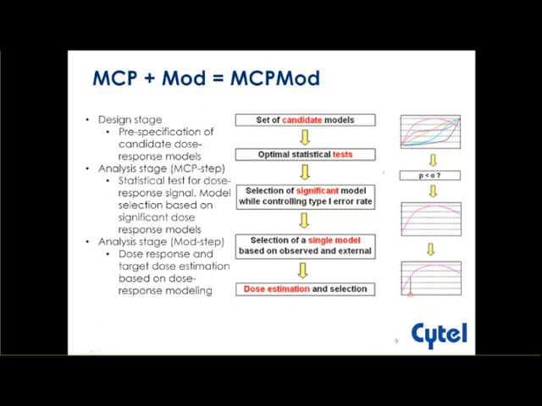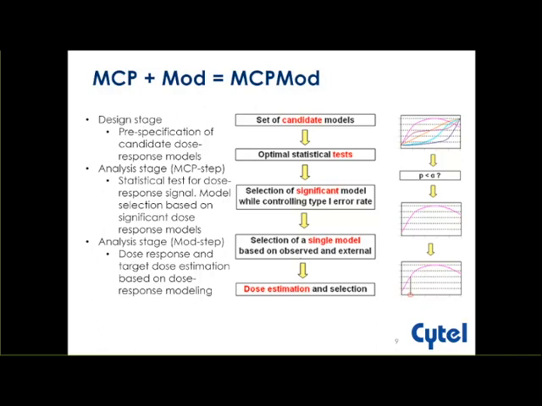Now, proof of concept is going to be established when at least one of the model tests is significant. Once this proof of concept is established, either a single best model, or a weighted average of a set of significant models, is going to be used to estimate the dose-response profile and the target dose of interest.